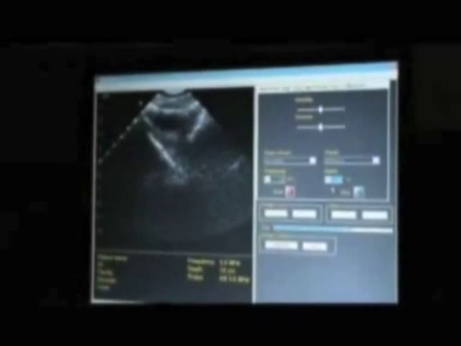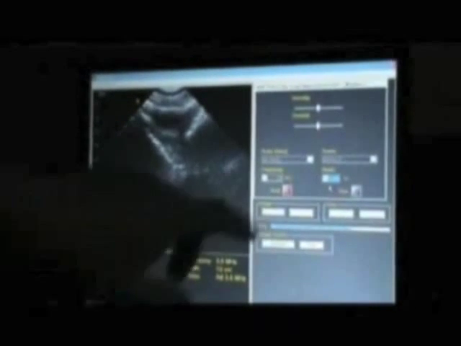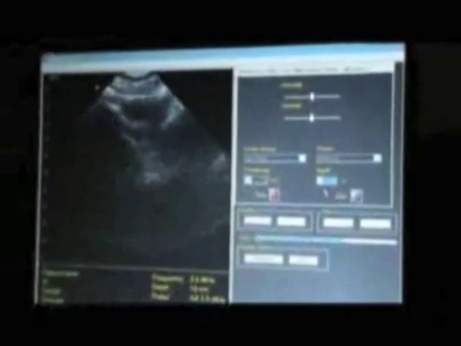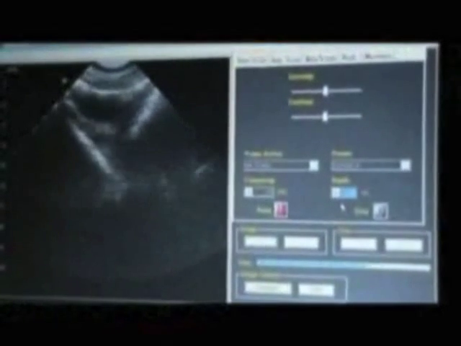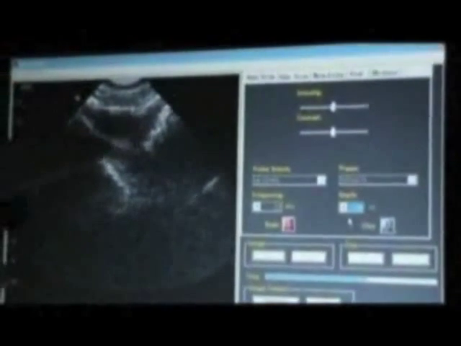This is actually an obstetric probe, but I've got it at its lowest depth, which is 10 centimeters, which is still a little bit too much, but this is the back of the retina.